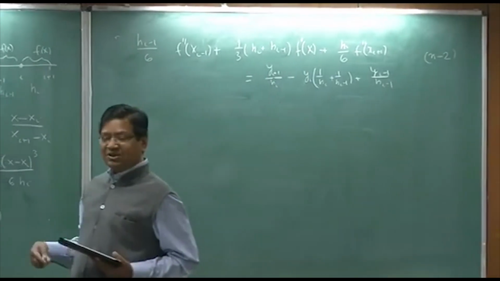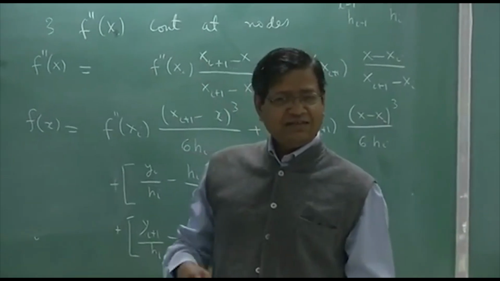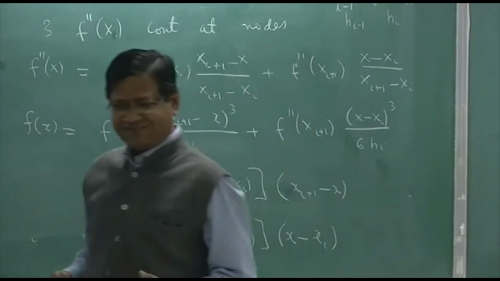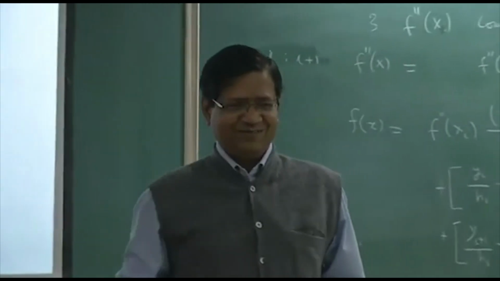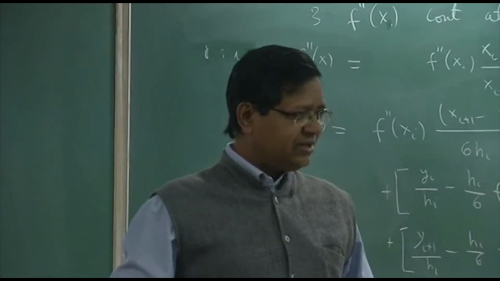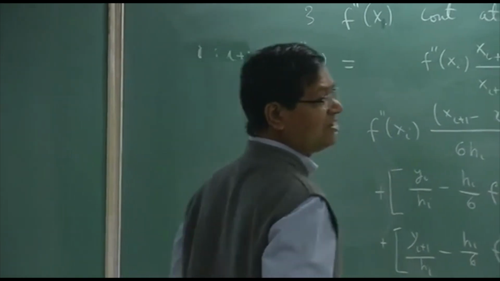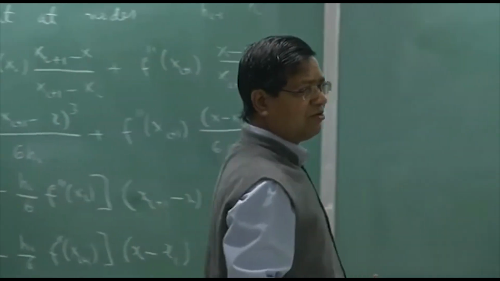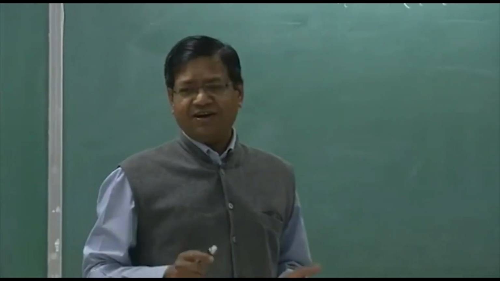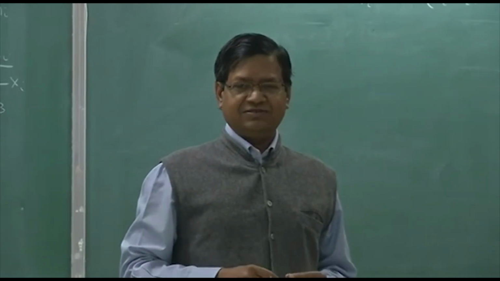I said that suppose somebody gives me a second derivative, then I can set it up, but now I don't give you the second derivative; you have to figure it out. So I got n minus 2 equations, and I have n second derivatives unknown. They are unknowns, so I can't figure them out right now, but I can set up a few extra conditions.